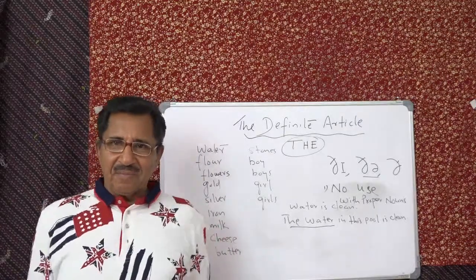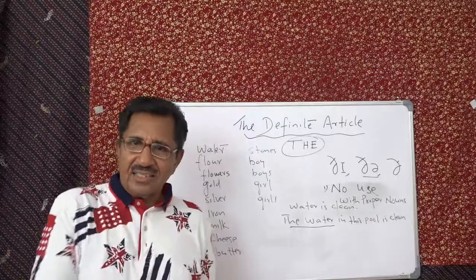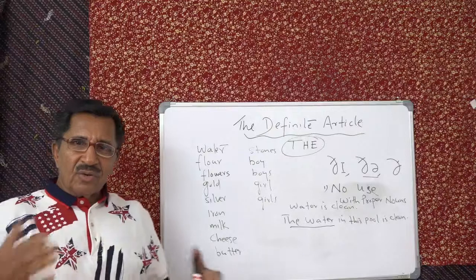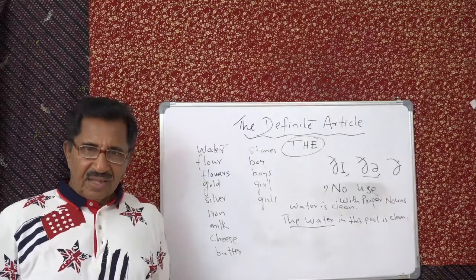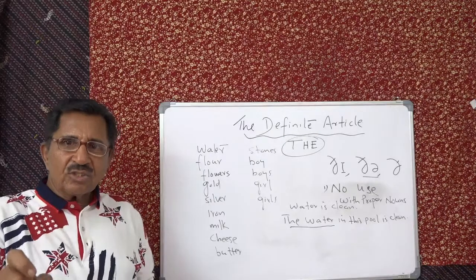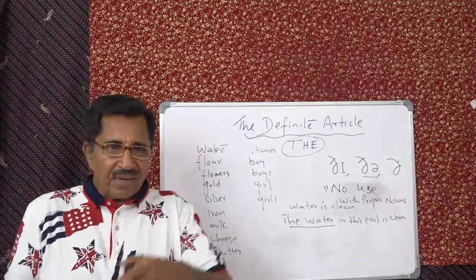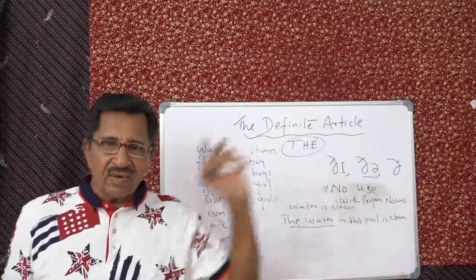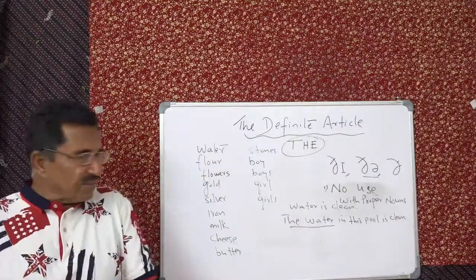That is the meaning. This is not that. And you say, water is cold, but the water in this glass is hot. So you are separating this glass of water from all the other water. So there is a separation.